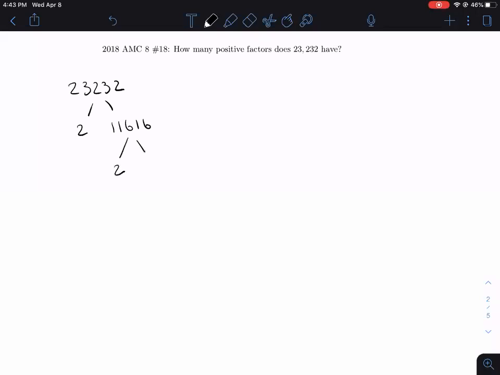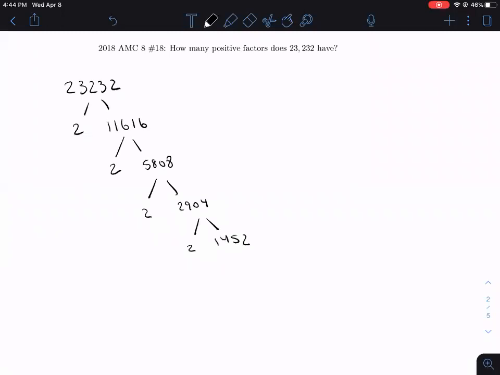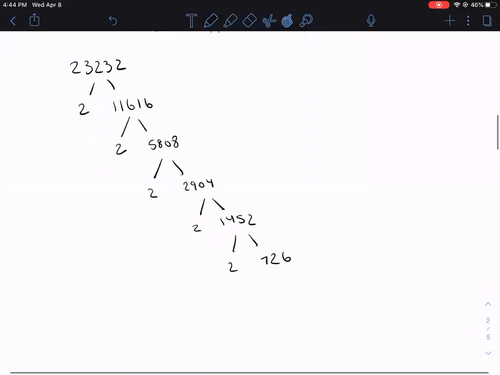So this is 2, 5808. We divide again, 2904. We divide again, 1452. And again, so this is 726.